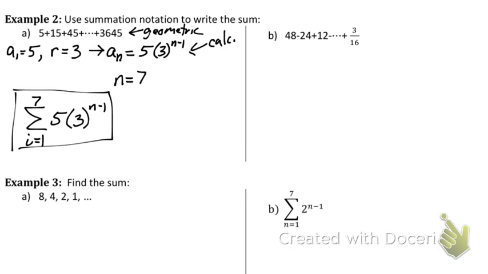In fact, our next one is also geometric. This guy's geometric as well. Our first term equals 48. Can someone tell me what my common ratio is for this one? Yeah, Ethan. It's -1/2.